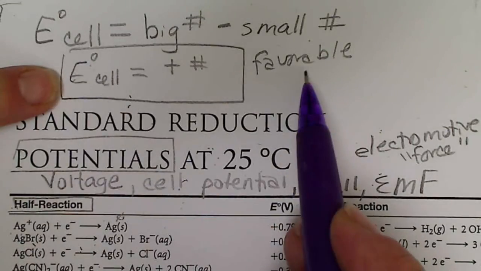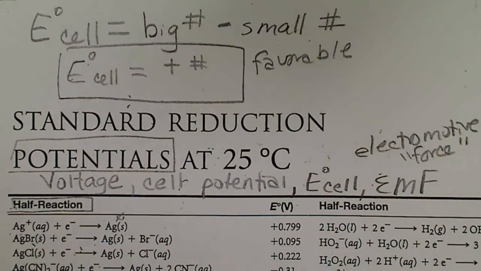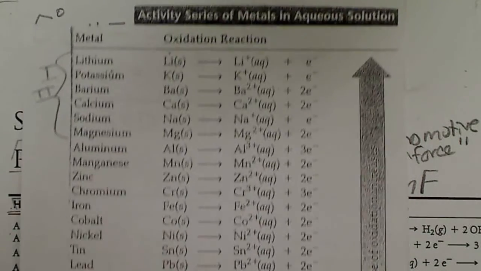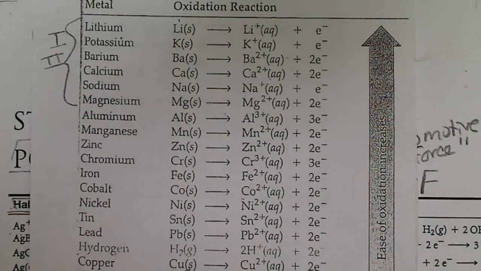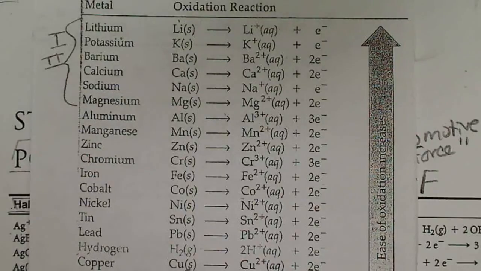So E cell being positive means we're going to have a spontaneous reaction. And that should make sense, because if we put two metals together in a cell, then because of nature and the activity series, electrons will definitely flow in a direction according to this oxidation or activity series.